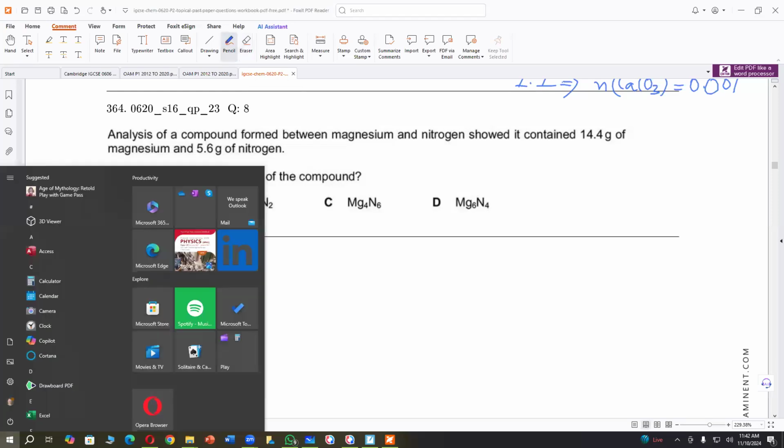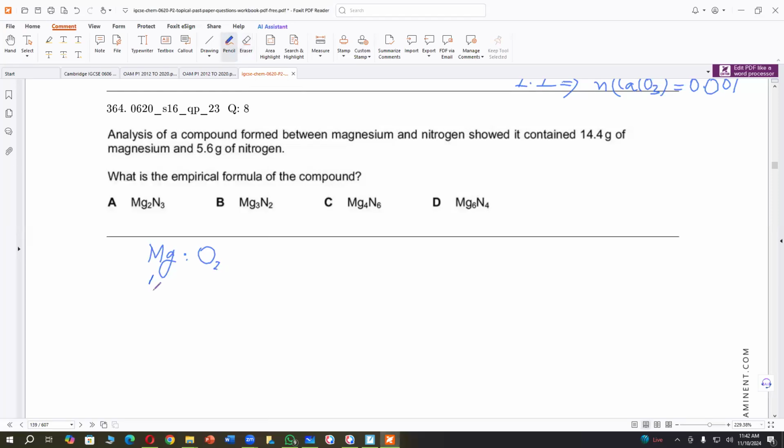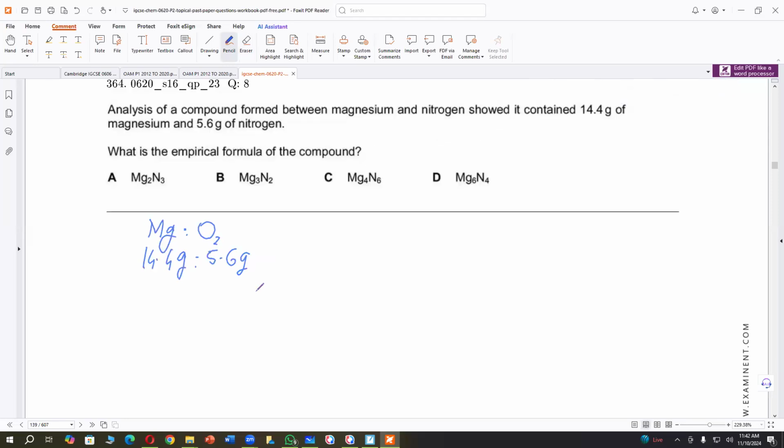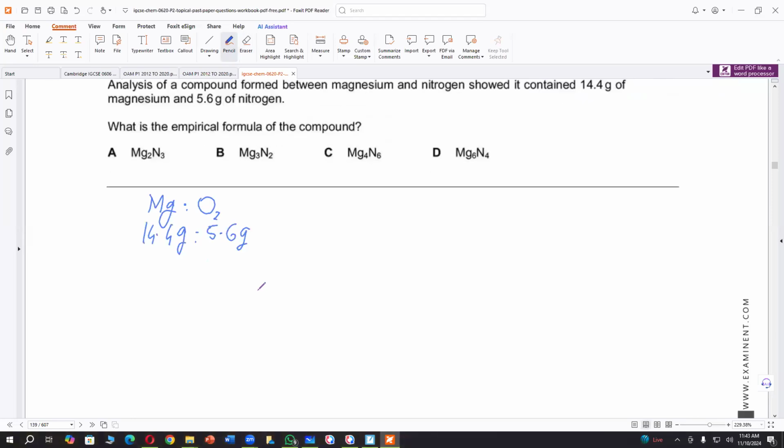The mass of magnesium is 14.4 gram and the mass of oxygen is 5.6 gram. How do we make the empirical formula? Now we divide by Mr. Can you tell me the Mr from the periodic table? The relative atomic mass.